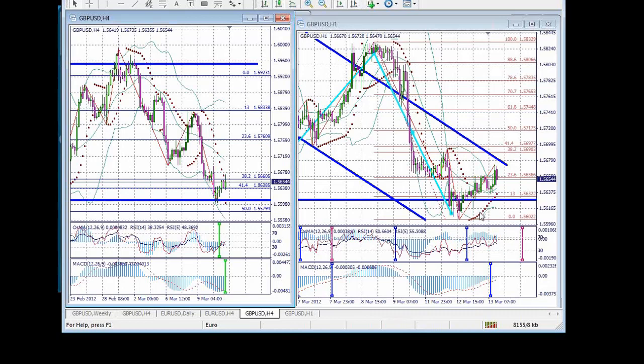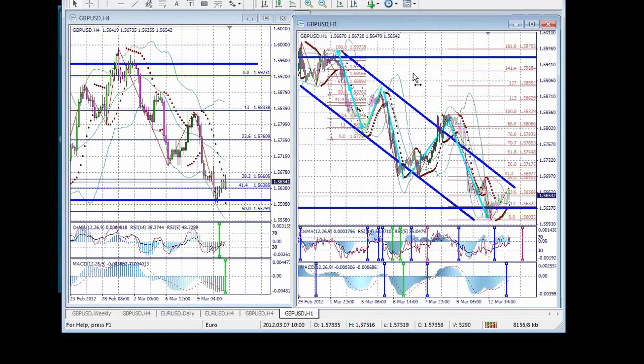On the 1 hour time frame or the 5 minutes time frames, we have smaller variation than we have in the 4 hour chart. Sorry. Actually this is the 1 hour, the channel that we have here very clear.